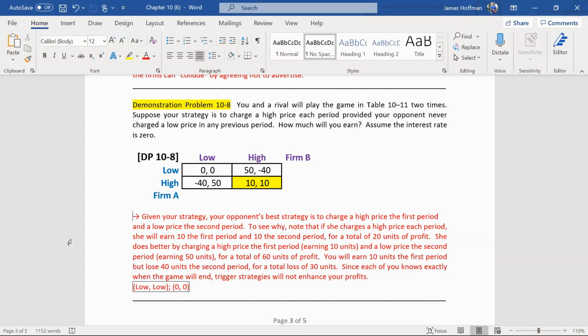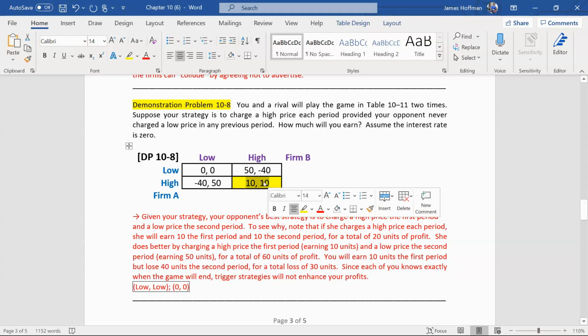So from a total profit or best outcome scenario, you can see that the best thing to do for a firm would be to make the agreement, keep it one time, and then cheat the second time, which would give you 10 plus 50, which is 60. So there's the agreement.